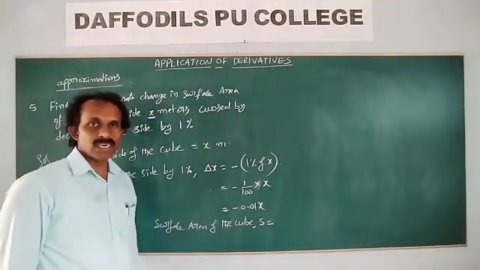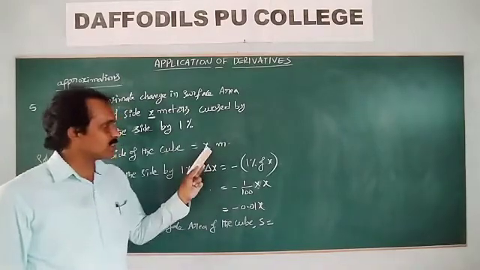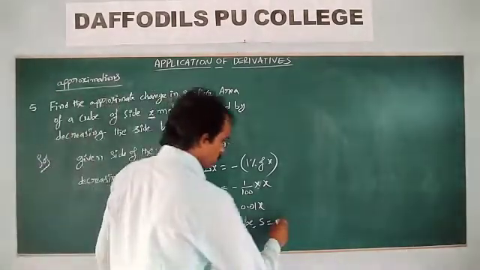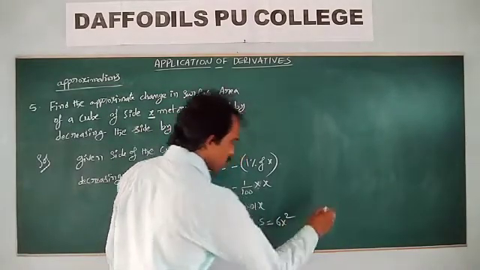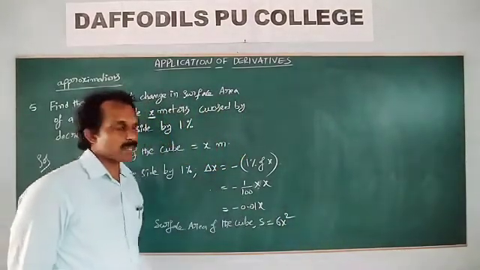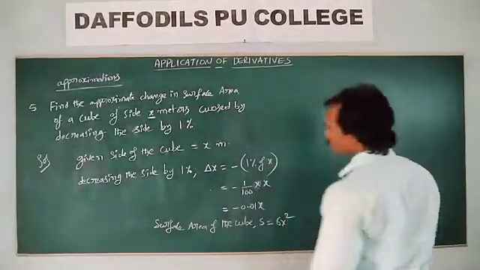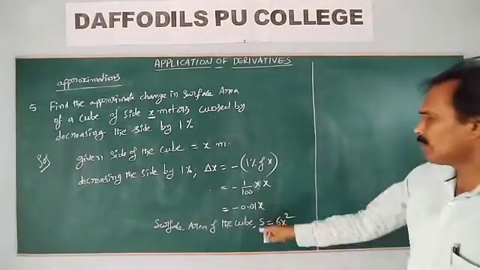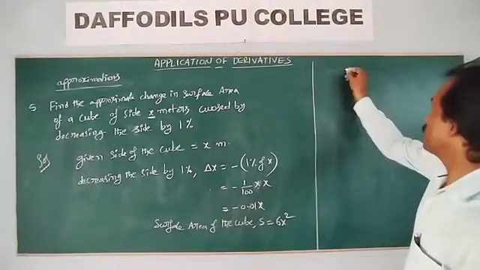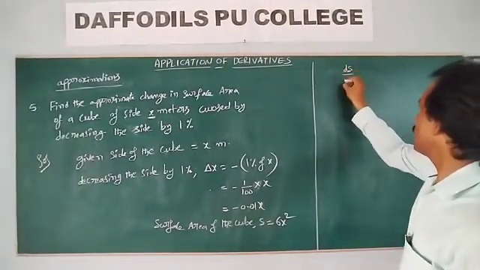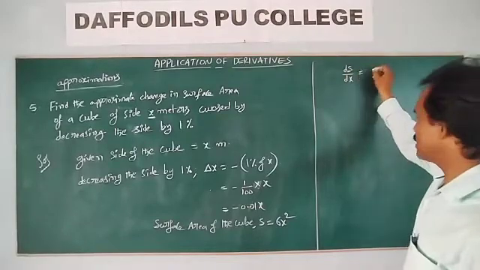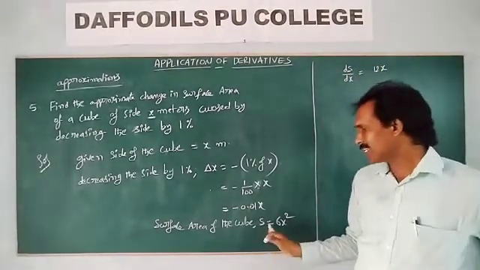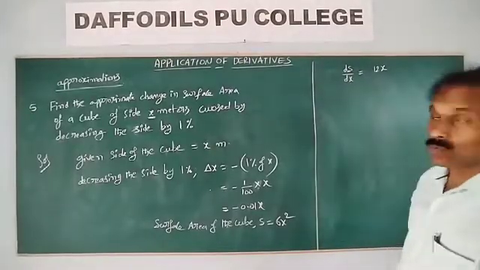Each face is a square, and square area is x square. 6 faces means S is equal to 6x square. Differentiate with respect to x: ds by dx is equal to 12x.